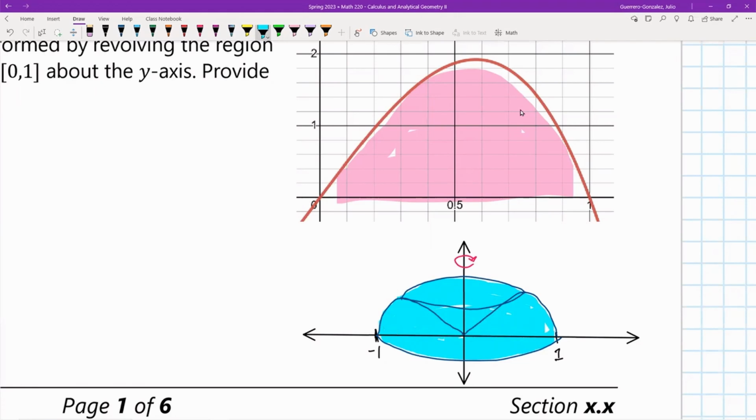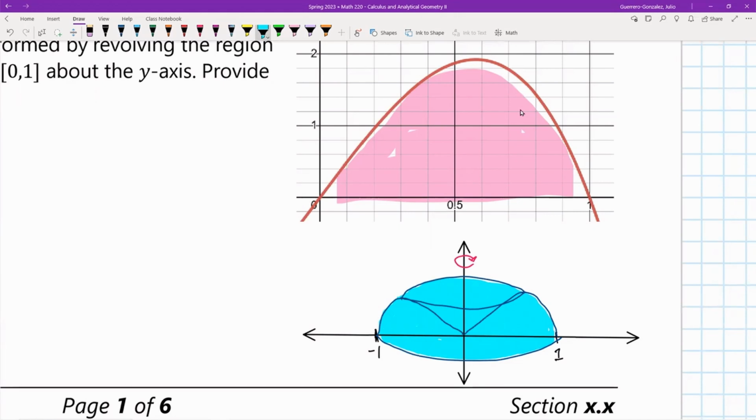That's the best description I can give you. You have this little cone shape inside, and that's supposed to be empty. Okay, so we have our shape. This is the thing that we are going to be finding the volume for.